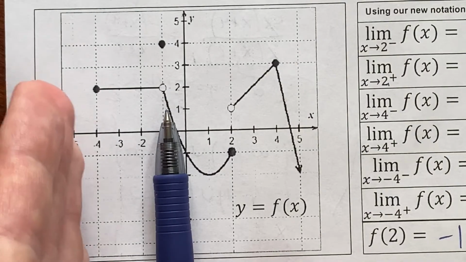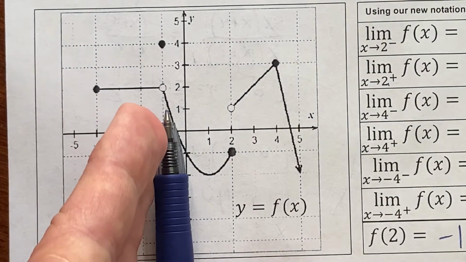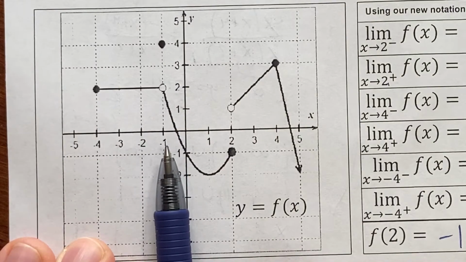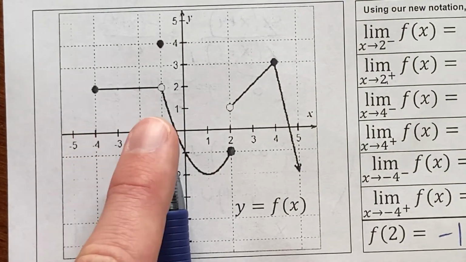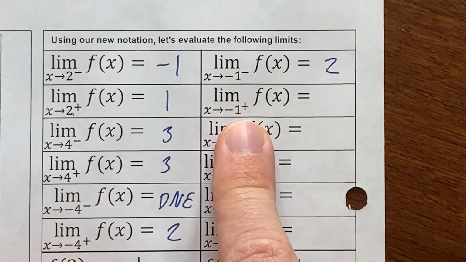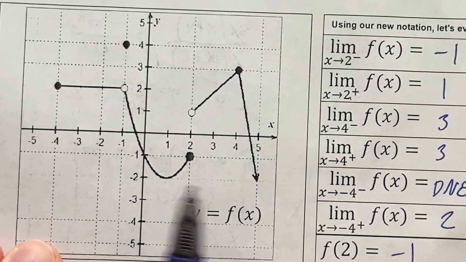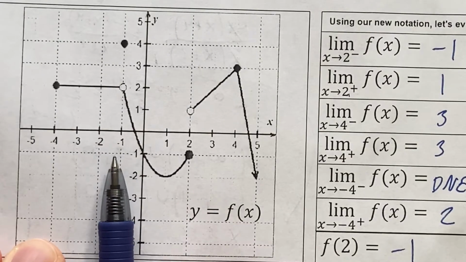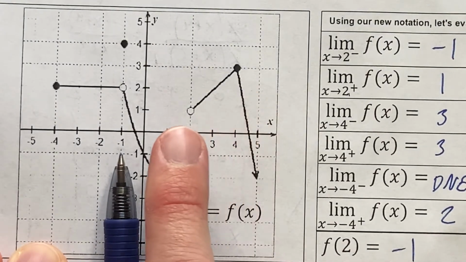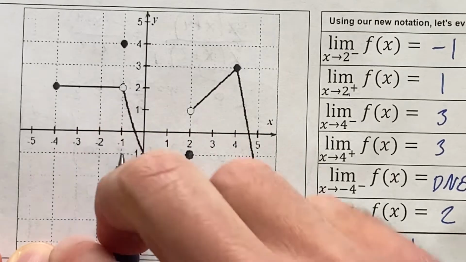I'm looking at the number that it's getting really, really close to. So getting really close to -1, my y value is going to be 2. As x approaches -1 from the right, we're getting really close to this -1 from the right side. 2 again.